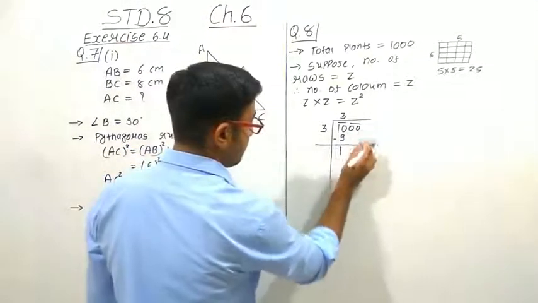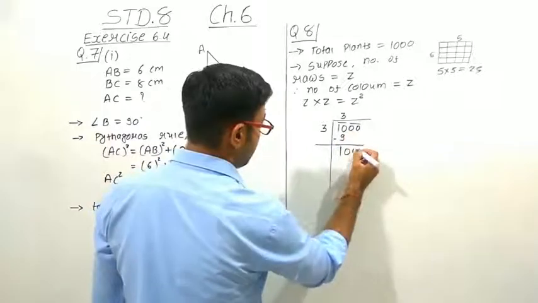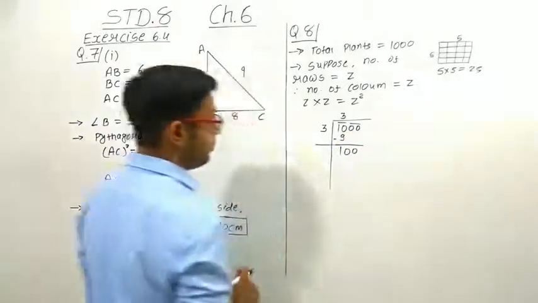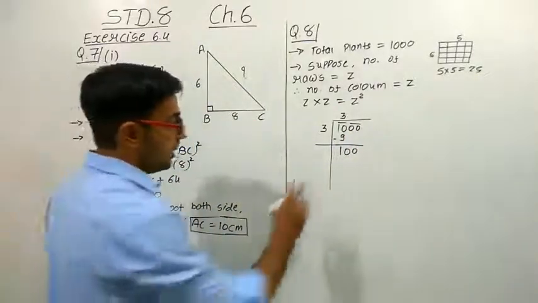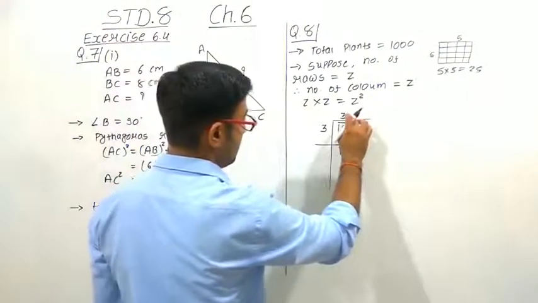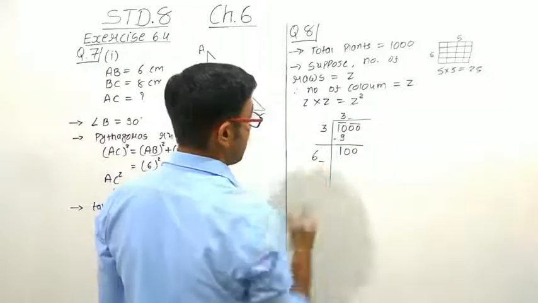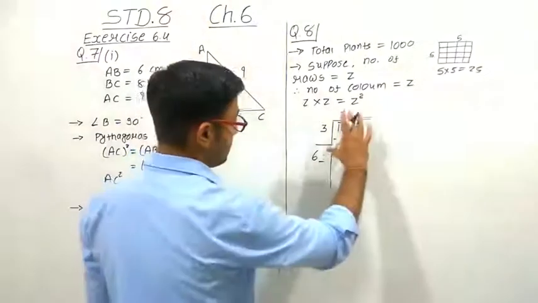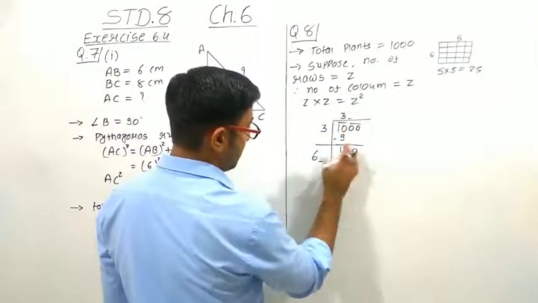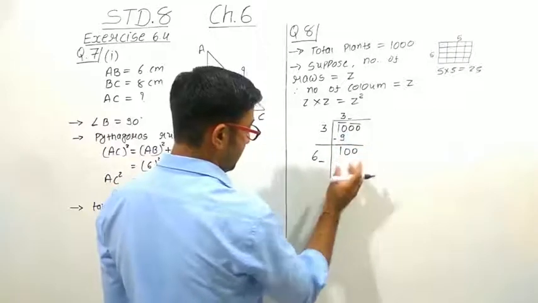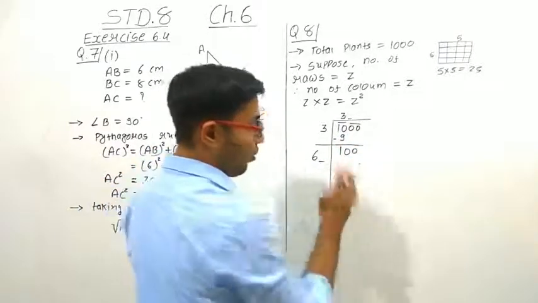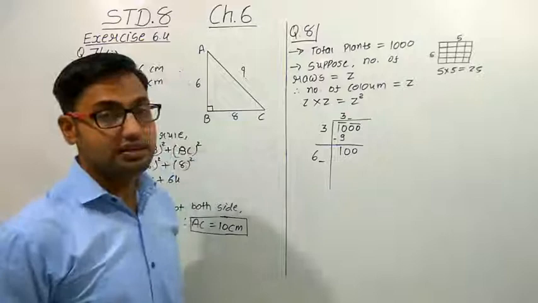And now we take this pair of 0 0 down with this, so that the new number becomes 100. Now we have to double this number. So 3, if we double it, we get 6. Now here and here we have to put the same digit so that whatever number we get is either equal to this number or less than this number.